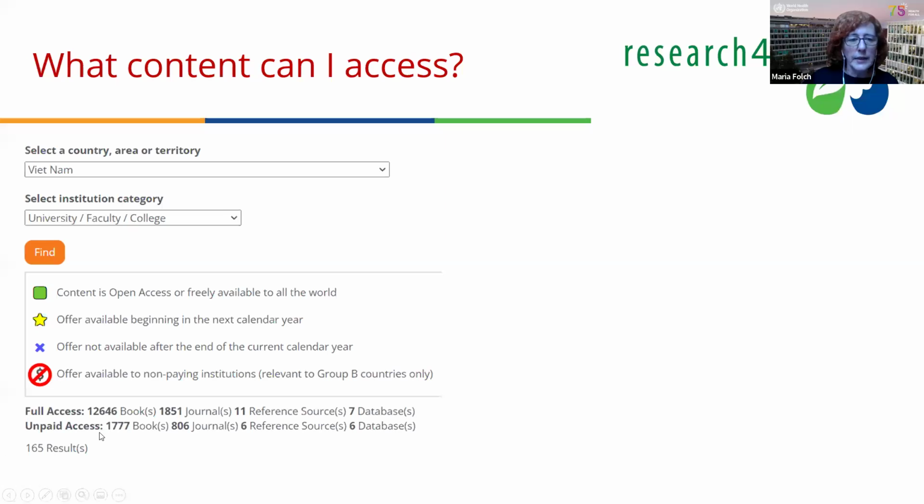As you see here, there are some figures. The first one, full access. Vietnam is a group B country. So these first figures here are the content available for an institution that paid the Research4Life fee.